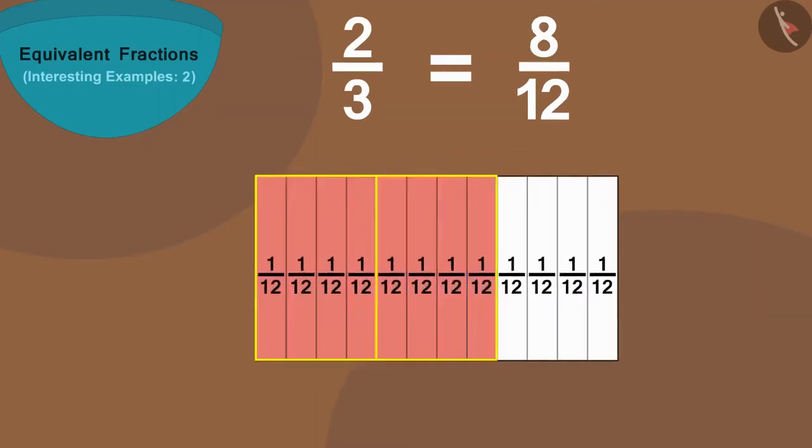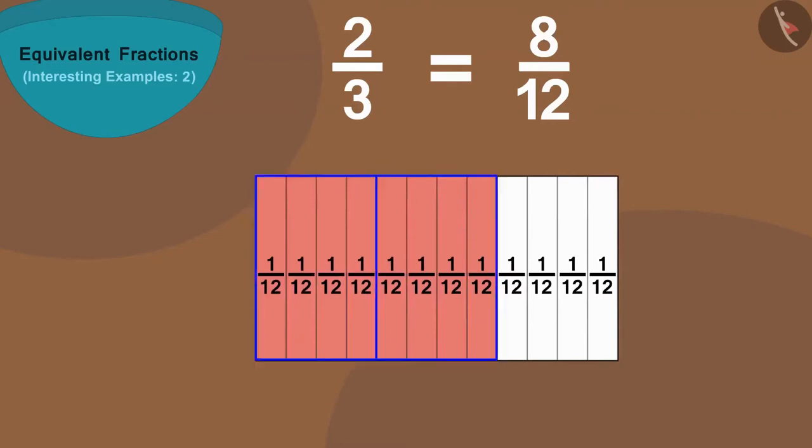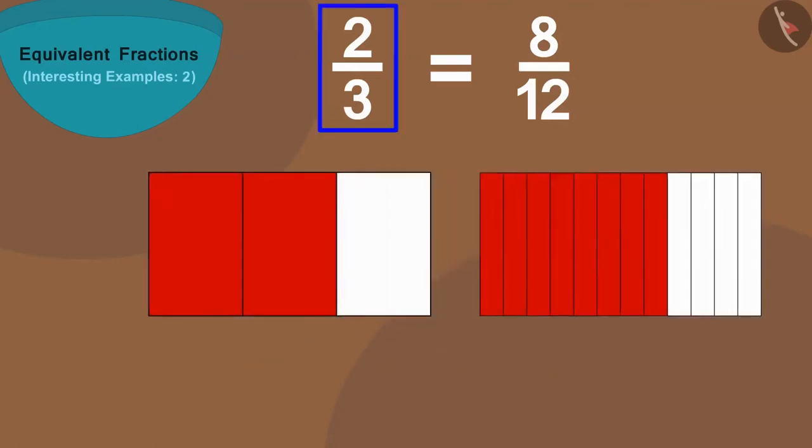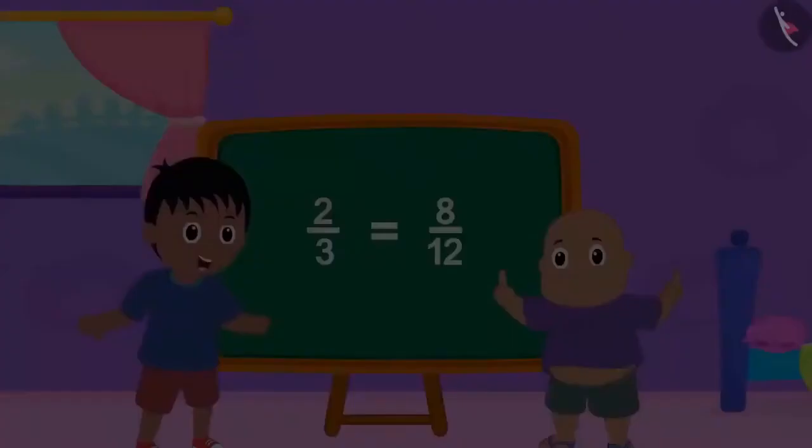And if we look closely, 8 parts of the second strip is equal to 2 colored parts of the first strip. Thus, 2 by 3 is equal to 8 by 12.